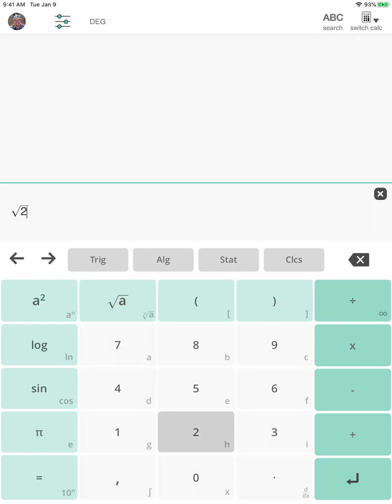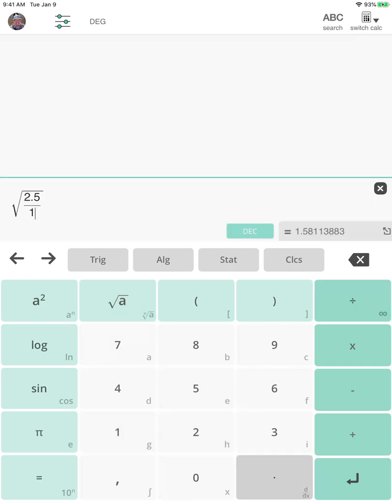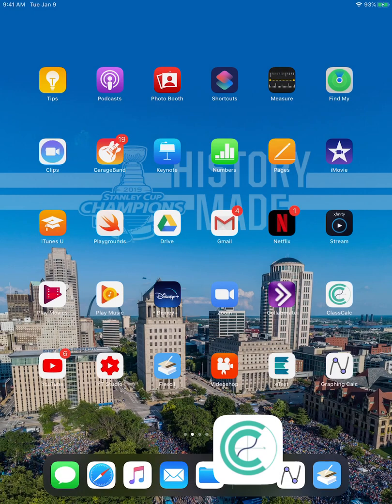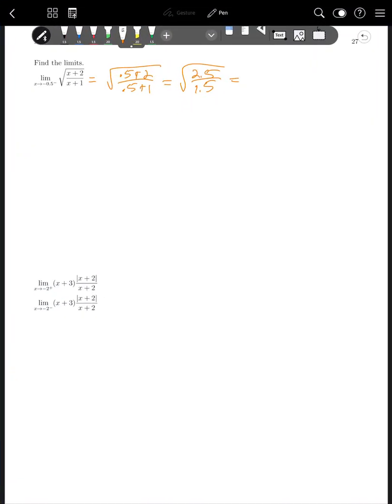Square root of 2.5 divided by 1.5 is approximately 1.291. Okay, so that's all there is to that one.